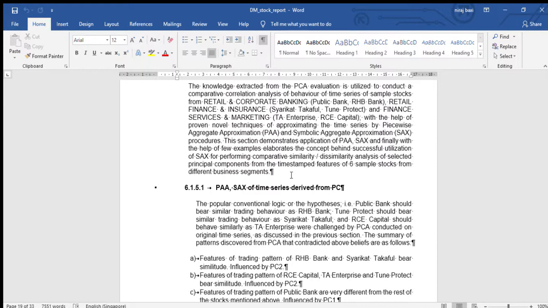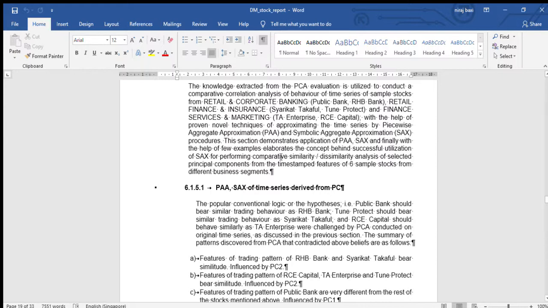But then there comes a new paradigm of trying to represent every time series, which is a combination of many series superimposed on each other, similar to what the Fourier transform does: it decomposes all the different wave functions inside a combined wave function.